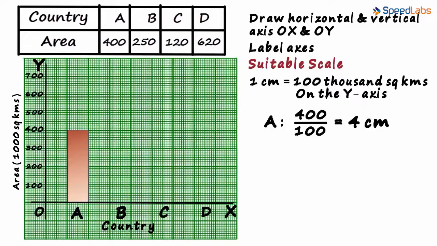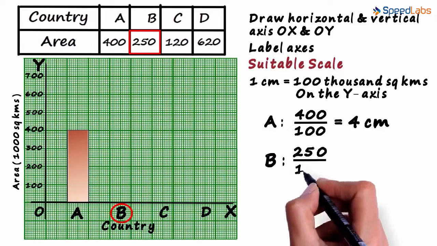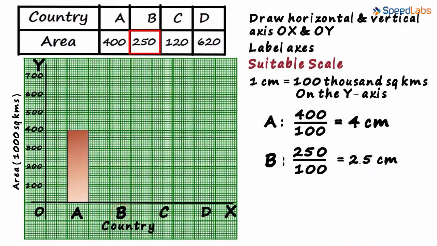Similarly, the length of bar for country B would be 250 by 100, which equals 2.5 centimeters. It will be this point, 2 centimeters and half a centimeter. And we draw the bar for country B. Now the calculation for country C gets a little interesting.